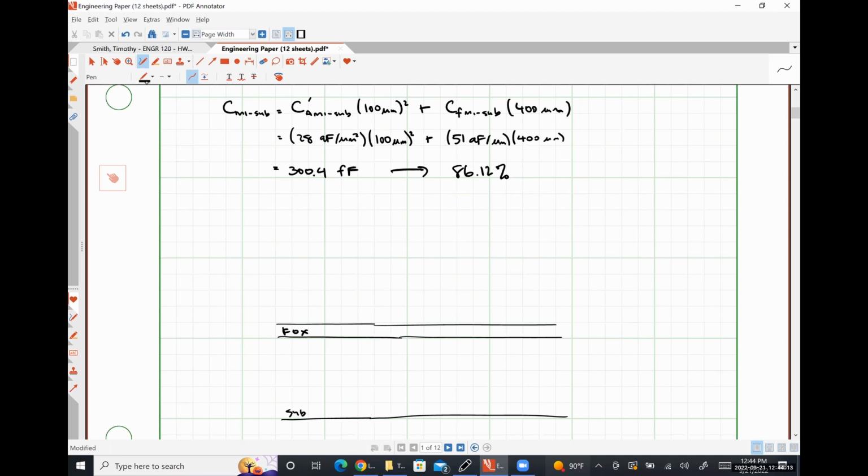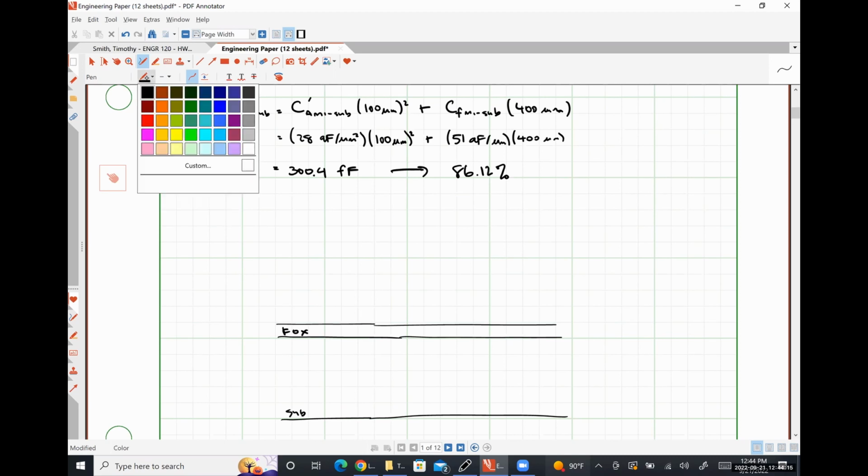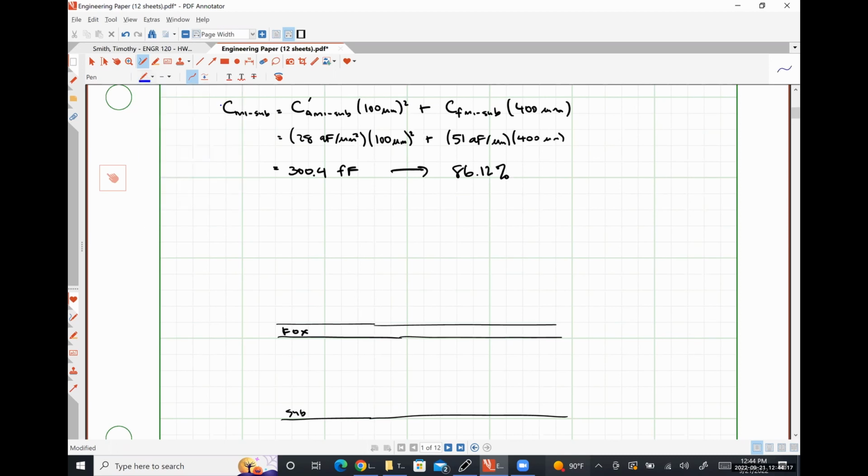On top of our field oxide layer, we are going to have our metal 1 layer. Do it like this. And just to make things a little easier to draw, up here is where our metal 2 layer is going to exist.